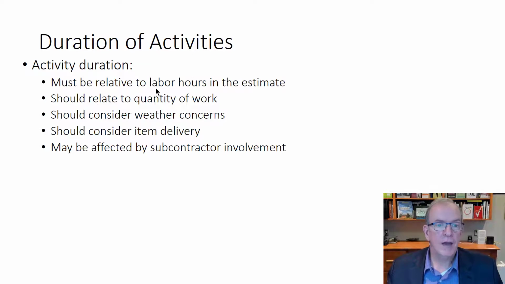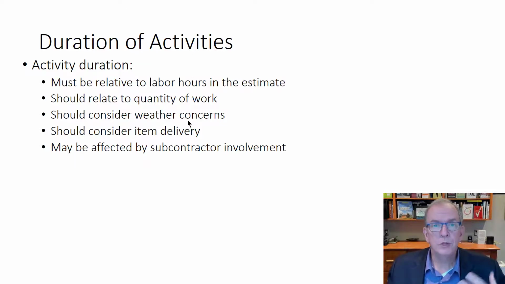So the durations have to be relative to the work hours in the estimate: what did you estimate for, and how is that working with the duration and the crew sizes, because really it's hours of work times what that costs. It should relate to the quantity. Consider you might have to factor those durations based on time of year. If we're doing framing in January of a house, it's probably not going to be as productive with the weather.